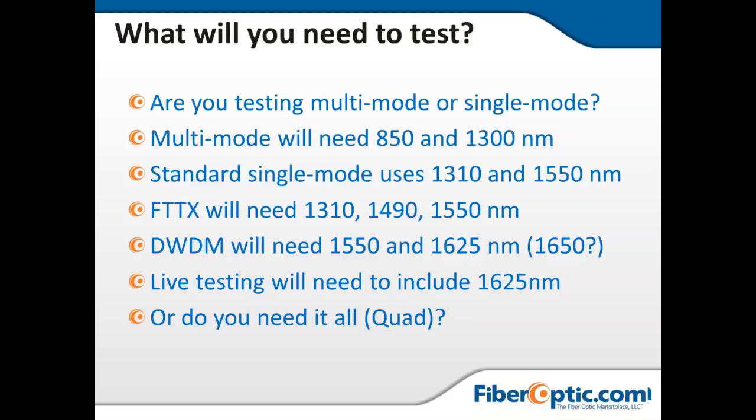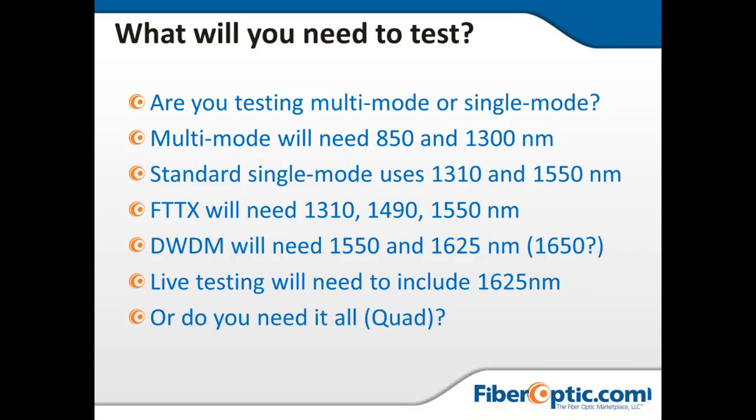They've got it all spaced out over very small dense wavelength division multiplexing spacing, and you want to be able to jump into that 1625 to test those fibers while they're performing at the 1550 wavelength.